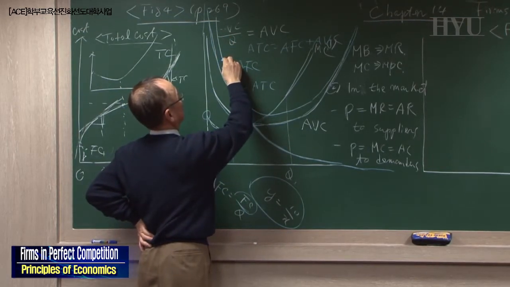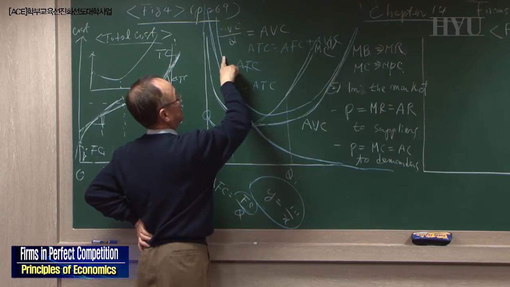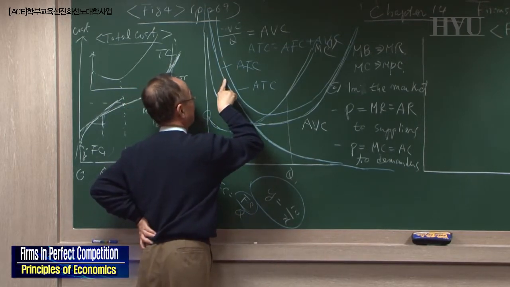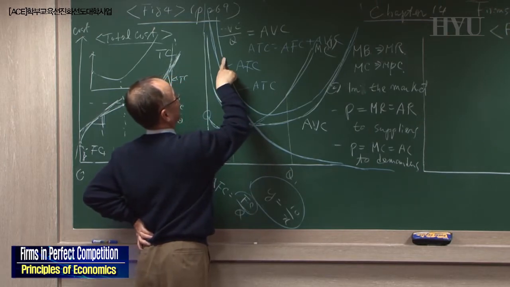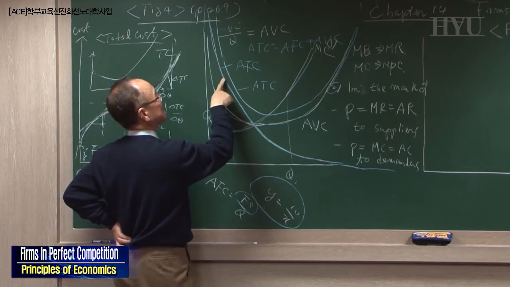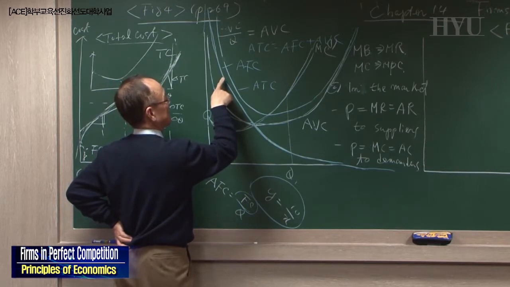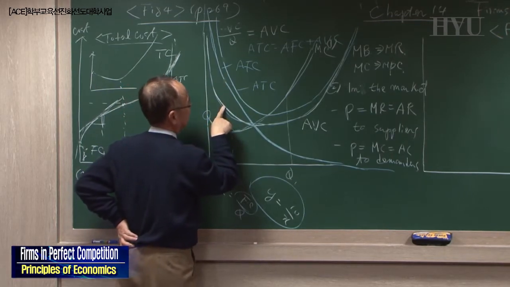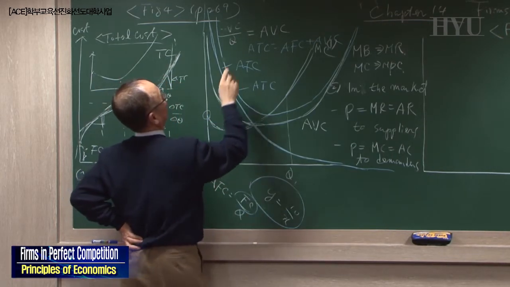What I mean by that is, this is ATC. The average total cost curve is nothing other than the summation of average fixed cost and average variable cost. That's the definition, right?